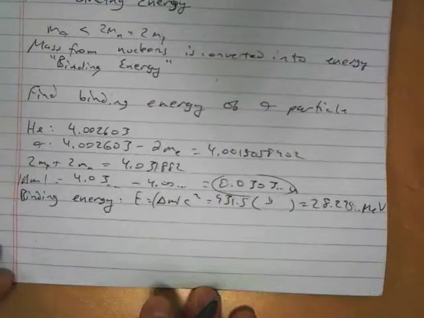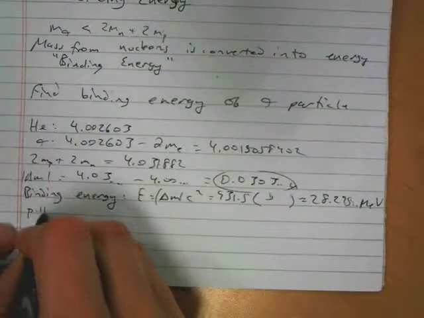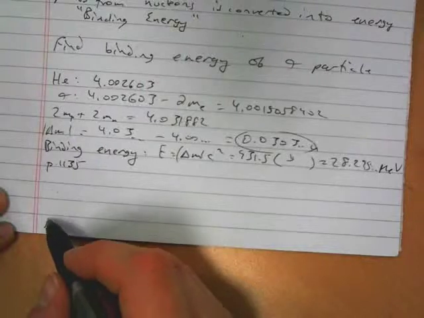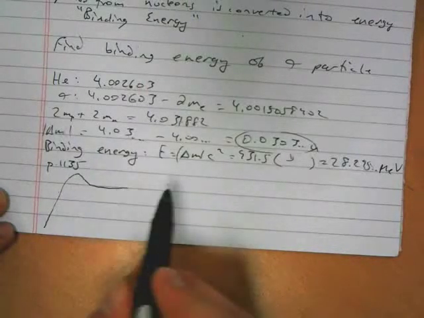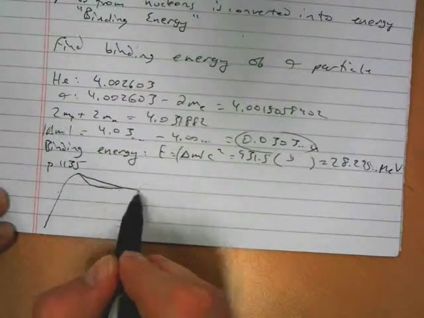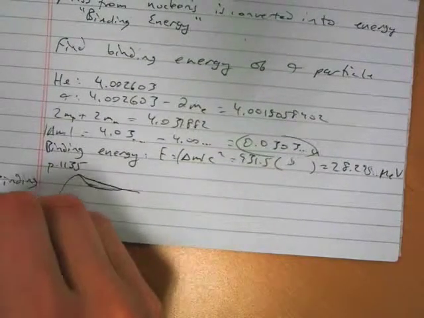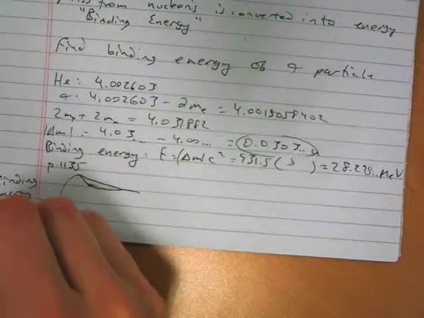Now, if you look at page 1135 in your book, it gives a curve that looks something like this. This is kind of the general shape of it, and this is the binding energy per nucleon.